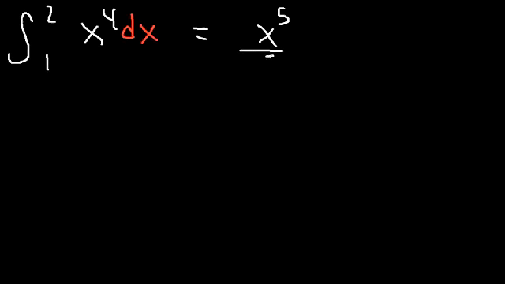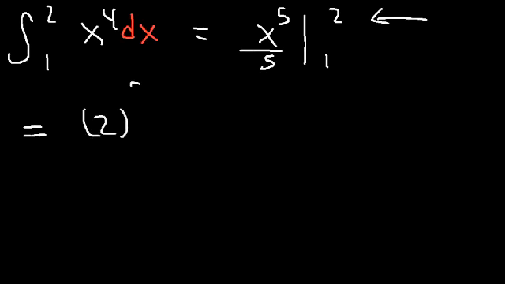So let's work on some more examples. Try this one. Feel free to pause the video. The antiderivative of x to the fourth is x to the fifth divided by 5. And we're going to evaluate it from 1 to 2. We need to plug in 2 first, the top one.